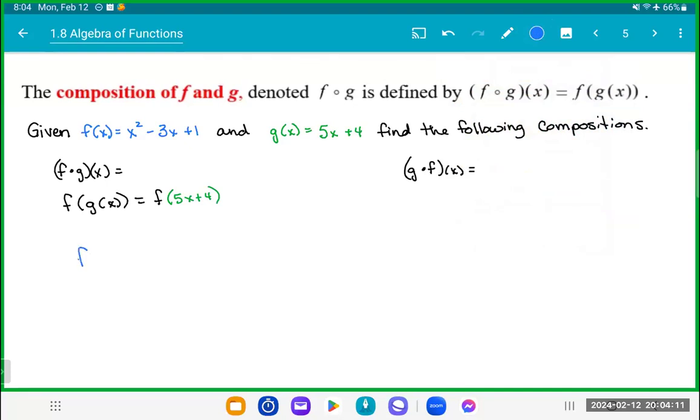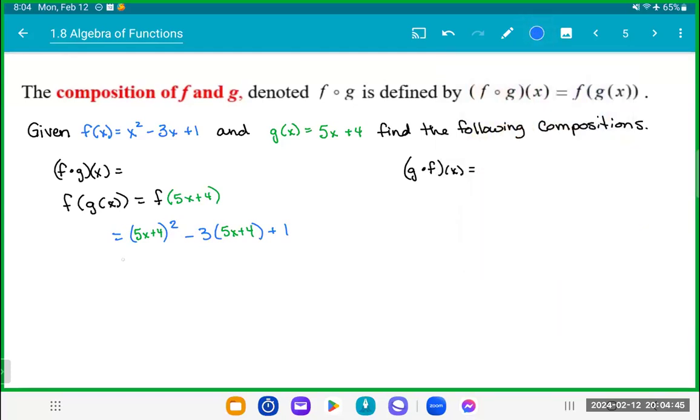So our blue function is x squared minus 3 times x plus 1, right? We're plugging in everywhere we see x our entire g function. Okay?